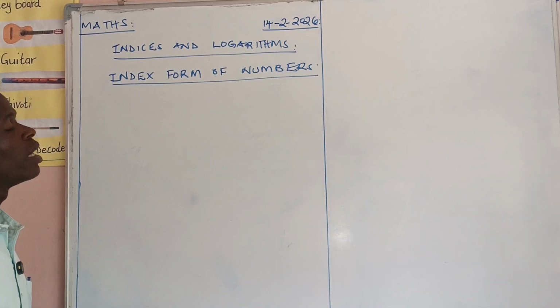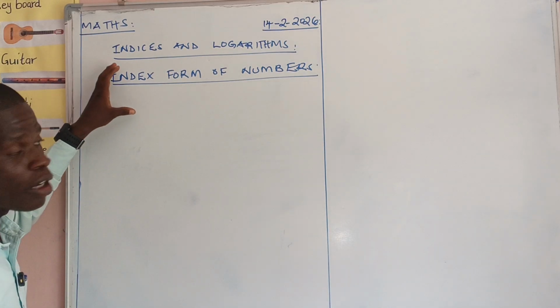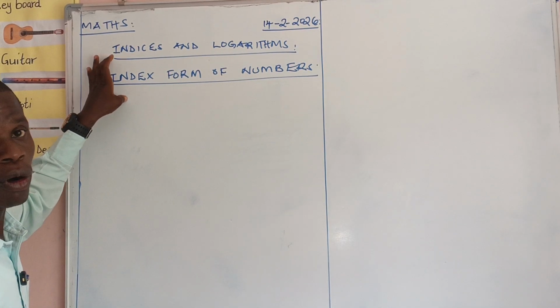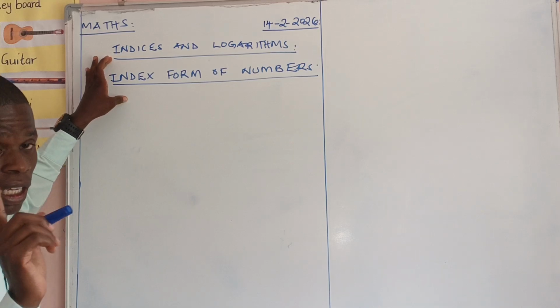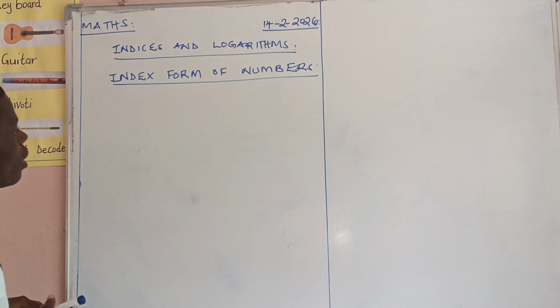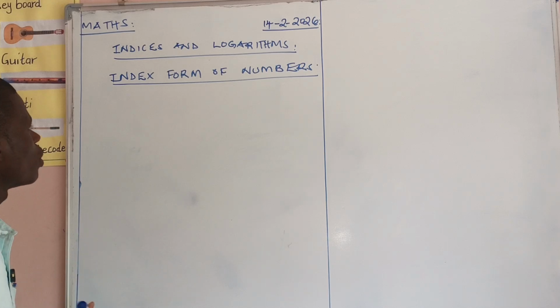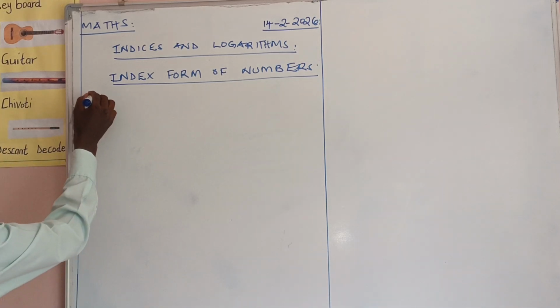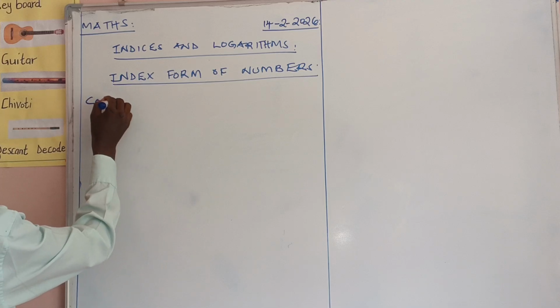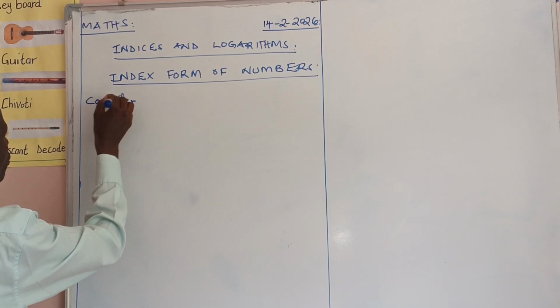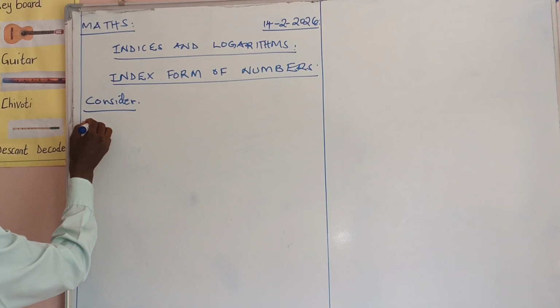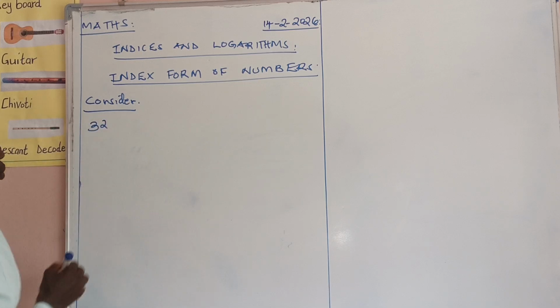Now, indices and logarithm. And under indices and logarithm, we are looking at the indexed form of numbers. Remember, indexed form of numbers. Under indexed form of numbers, I want us to move slowly, step by step. Let us consider the number 32.